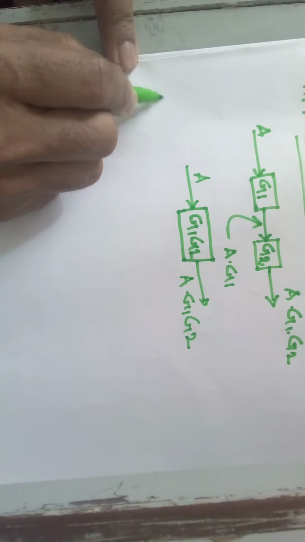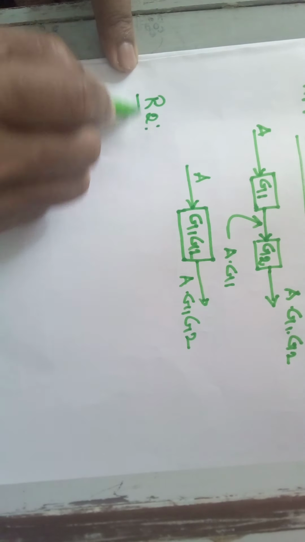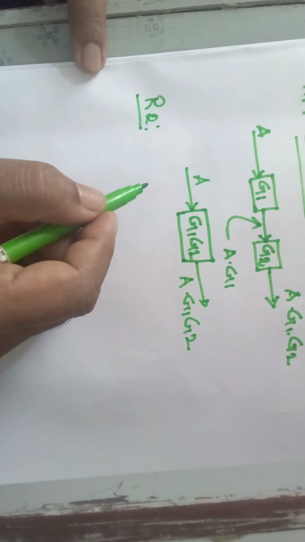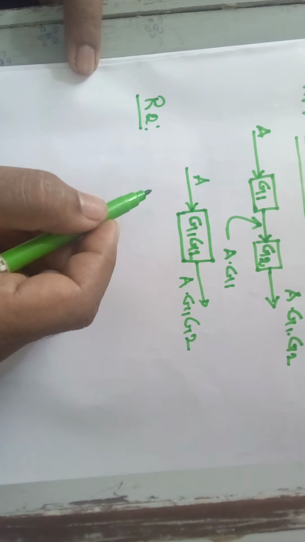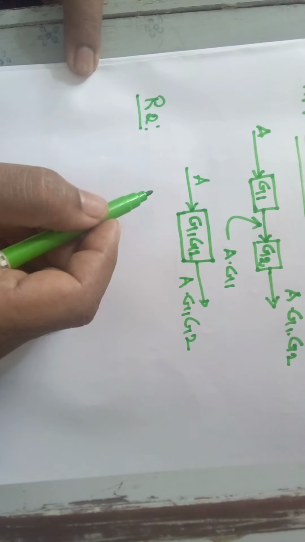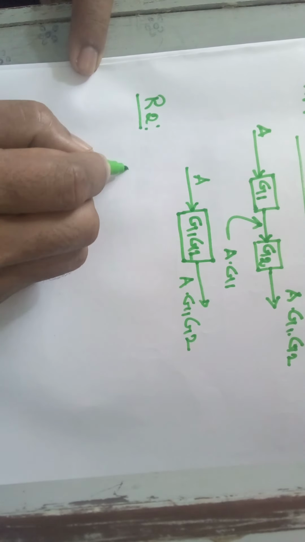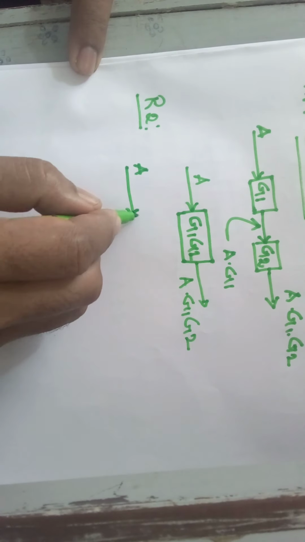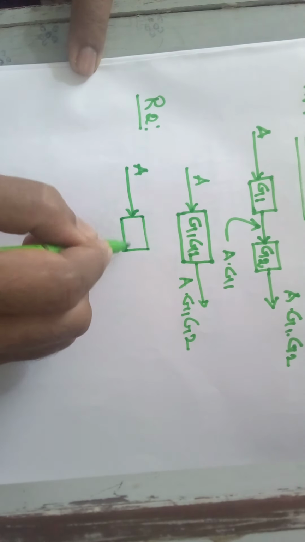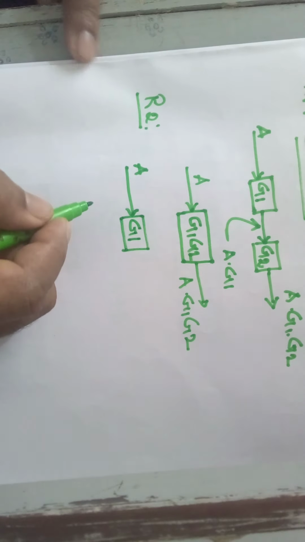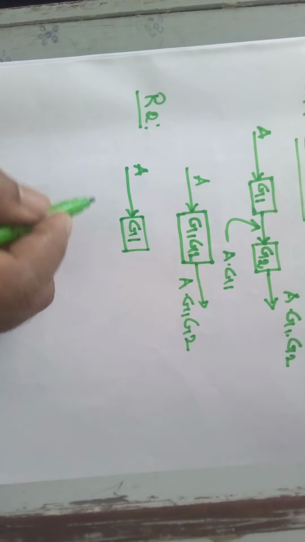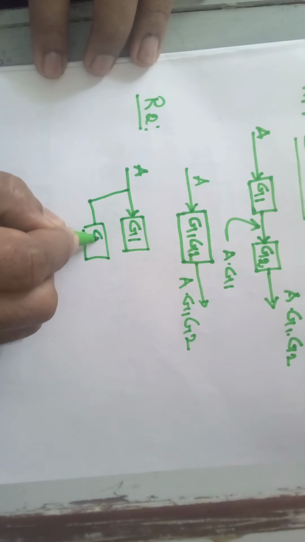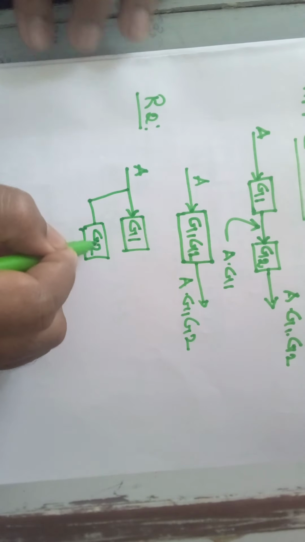So rule number 2, let us see. This rule specifies combining or reducing the blocks which are in parallel form. Just see an example. Your input is A, and this input is applied to a gain block G1, and the same input is applied to another gain block G2, which is in parallel with G1.